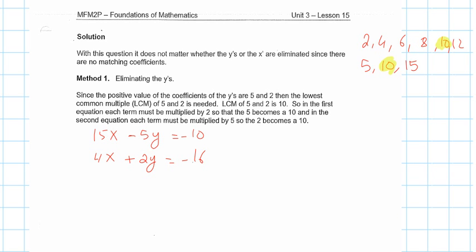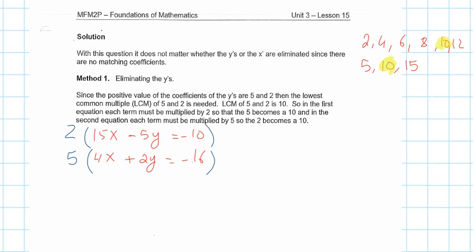You guys understand that? So what do I multiply 5 by to give me 10? What do I multiply 2 by to give me 10? 5. So I have to multiply this by 2 to get 10, and I have to multiply this by 5 to get 10.